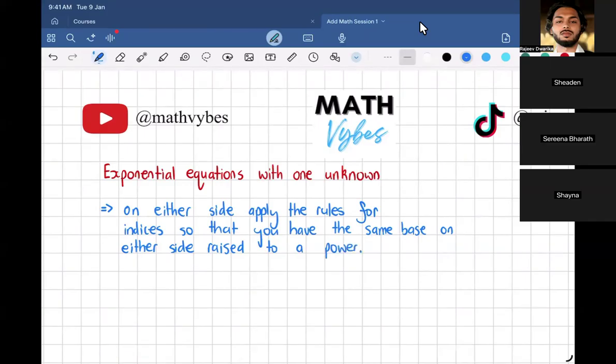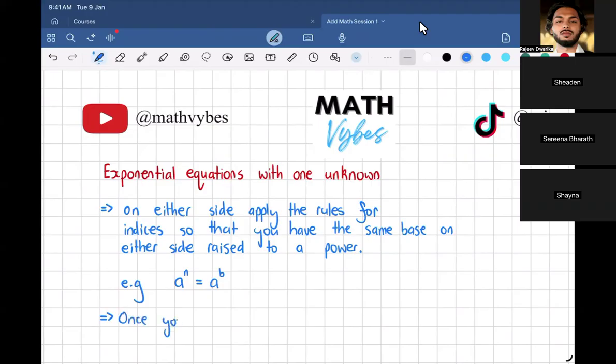So ideally, you want to end up in this situation where you have a to the power n is equal to a to some power, we could call it b. Ideally, that's what you want. When you apply the rules for indices, you should end up with one term on either side that has the same base to some power. And once you have that, you could drop the base and equate powers and find x.